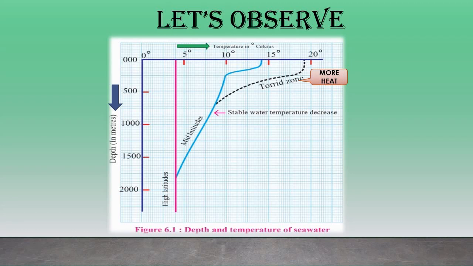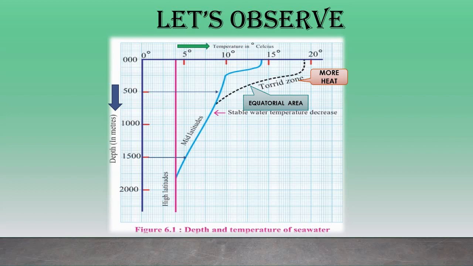So the maximum temperature of the seawater in equatorial areas is around 18 degrees Celsius, and the temperature at a depth of 5000 meter is around 8 degrees Celsius. The temperature of the seawater at around 1500 meter depth is 5 degrees Celsius.